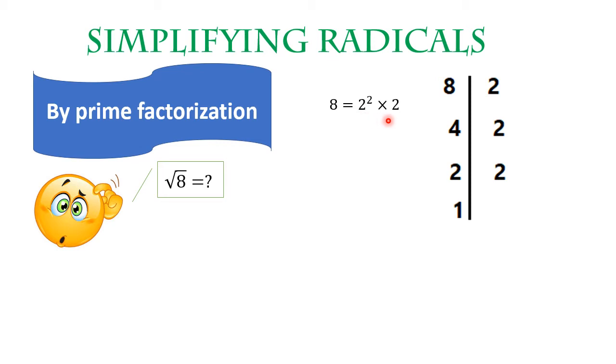So 2 squared times 2. So radical 8 is radical of 2 squared times 2. Then the square is cancelled with the radical, and this 2 is set free outside of the radical, and the other 2 stays stuck in the radical. So the answer is 2 radical 2.